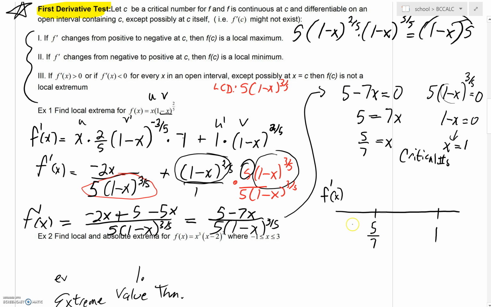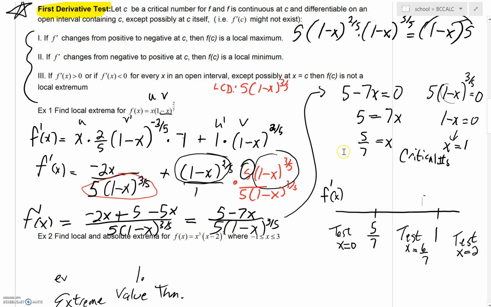So to the left of 5/7, maybe the easiest number to check would be a 0. Between 5/7 and 1, maybe it would be easiest to plug in 6/7. And to the right of 1, maybe it's easiest to plug in a 2.